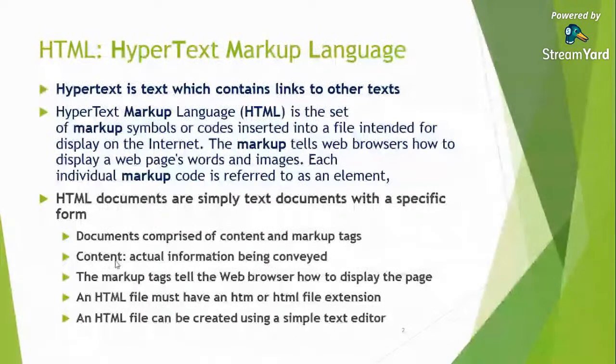Then markup tags, as I was discussing, tell the browser how to display the things. After writing the code, we have to save the file with either a .html or .htm file extension, and it can be done with any simple text editor. Now regarding text editors, I want to discuss a little bit with you.